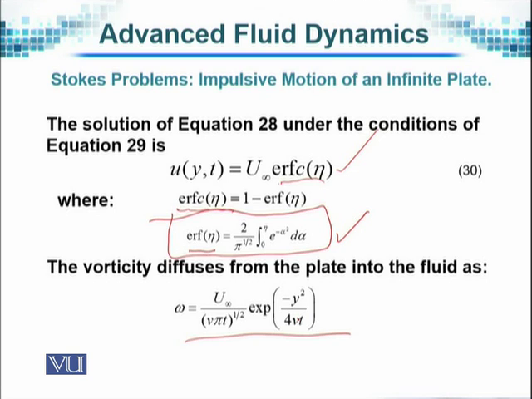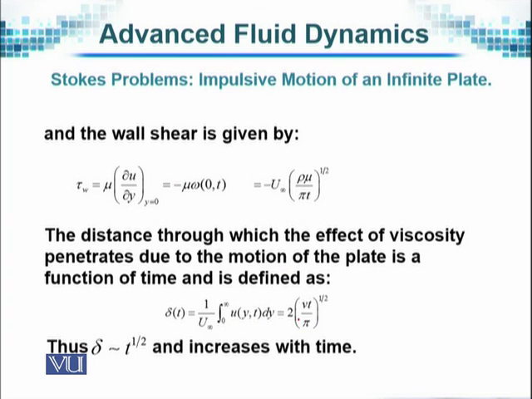Anyway, the fluid is controlled by the boundary conditions that we have imposed on the variable eta. The wall shear tau w, that is, the shear force at the wall, is given by the standard du by dy at the wall, y equal to 0. It turns out to be equal to this, which resultantly is equal to this.